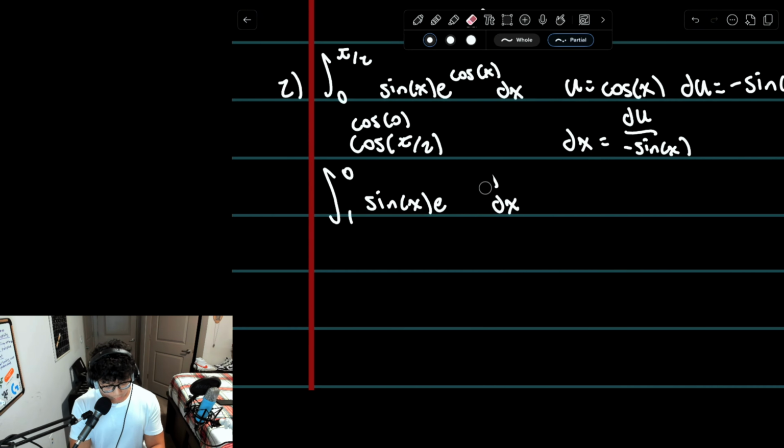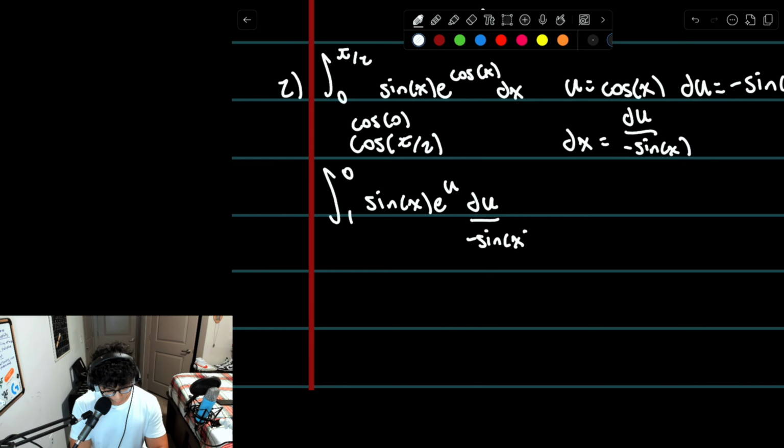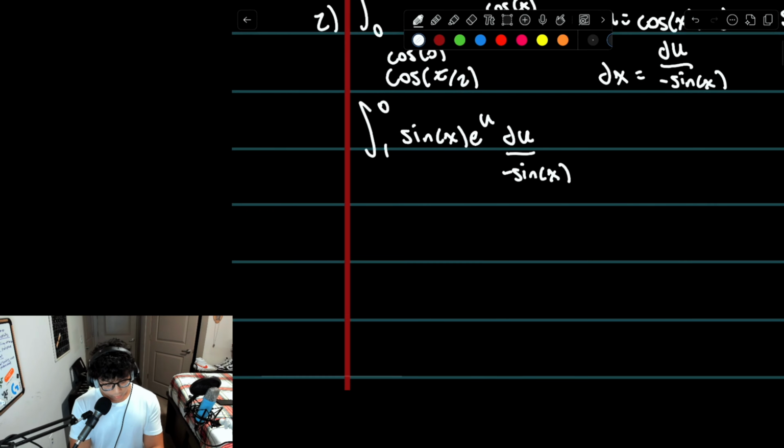So this is actually e to the u, and then our dx is du over negative sine x. And you see that these cancel out except for that little negative sign, so that becomes a negative 1 outside the integrand because it's a constant. And it becomes, from 1 to 0, negative 1 times the integral from 1 to 0 of e to the u du.